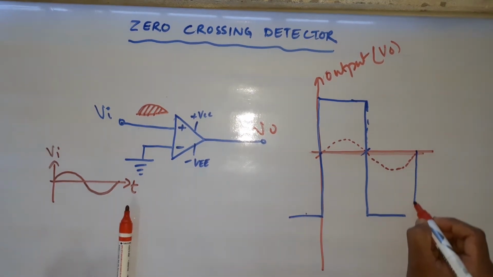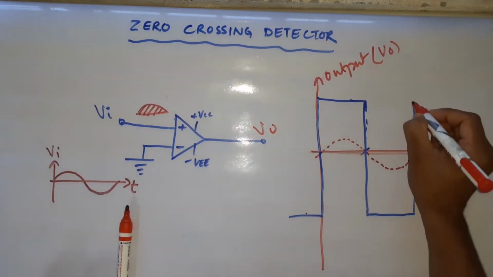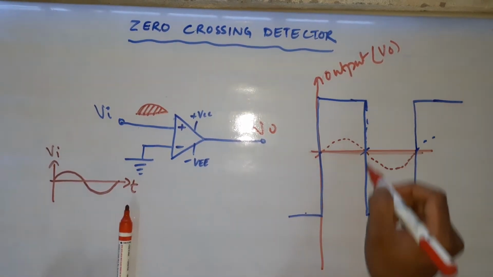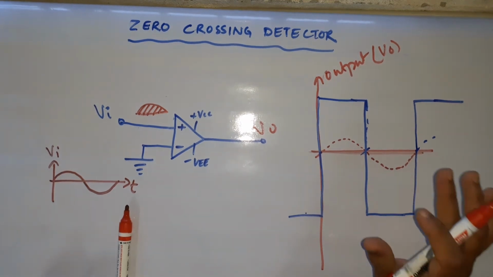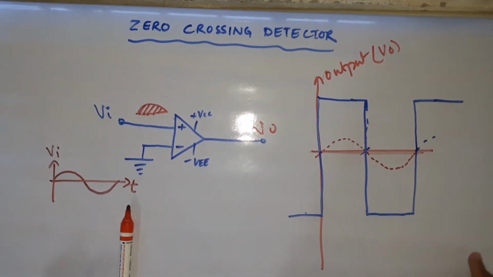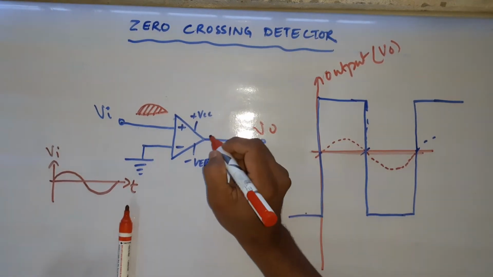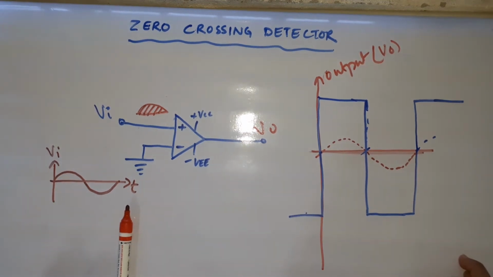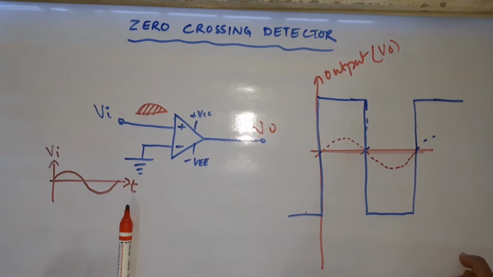This will continue like this. The blue rectangular output is the maximum possible output of this particular circuit. Why? Because this op-amp is working in open loop condition, and in open loop condition the open loop gain will be very high.